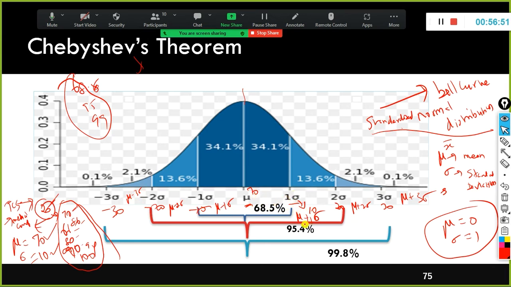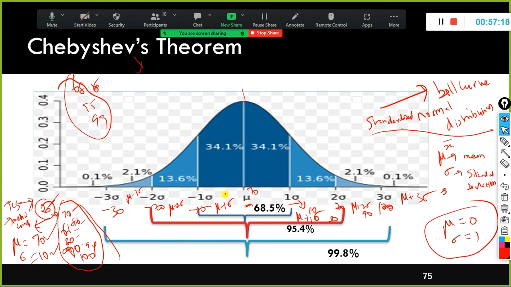So what is the value here? Mu is 70, mu plus 1 sigma is 70 plus 10, 80. 70 plus 20 is 90, and 70 plus 30 is 100. So with plus or minus 1 standard deviation, 68% of my team members' heart rate ranges between 60 to 80.